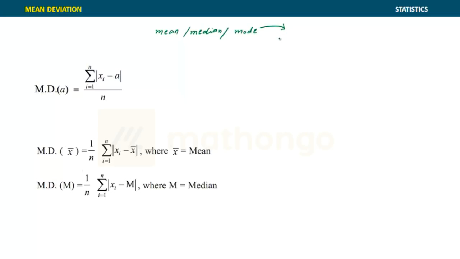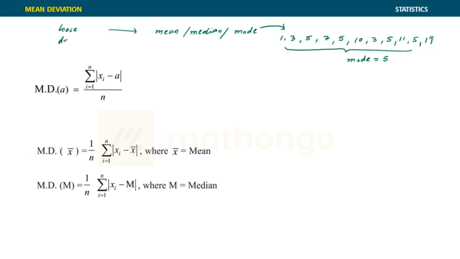For example, let's say this is the series that is given to me: 7, 5, 10, 3, 5, 11, 5, 19. You can see here that 5 is getting repeated the maximum number of times. So the mode of this is 5. This is a very loose definition, a loose representation, right? So we do not talk about this when we talk about statistics.